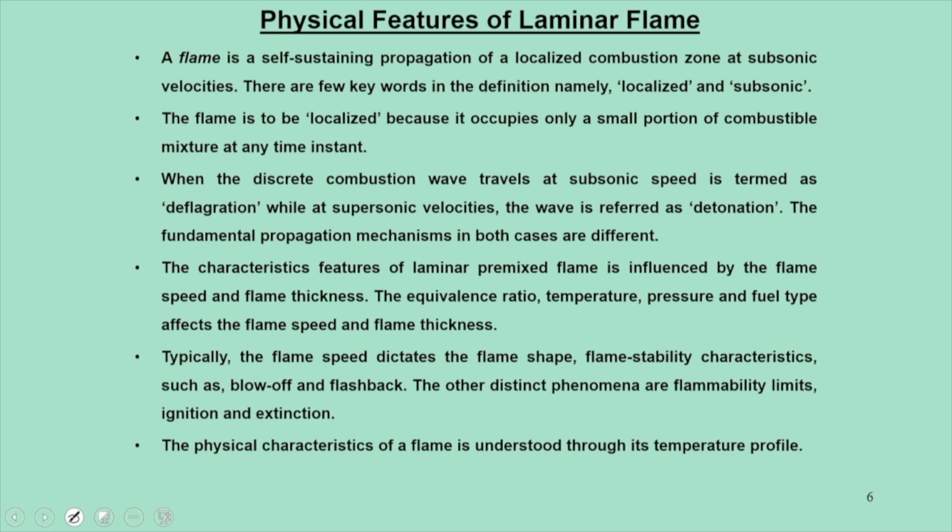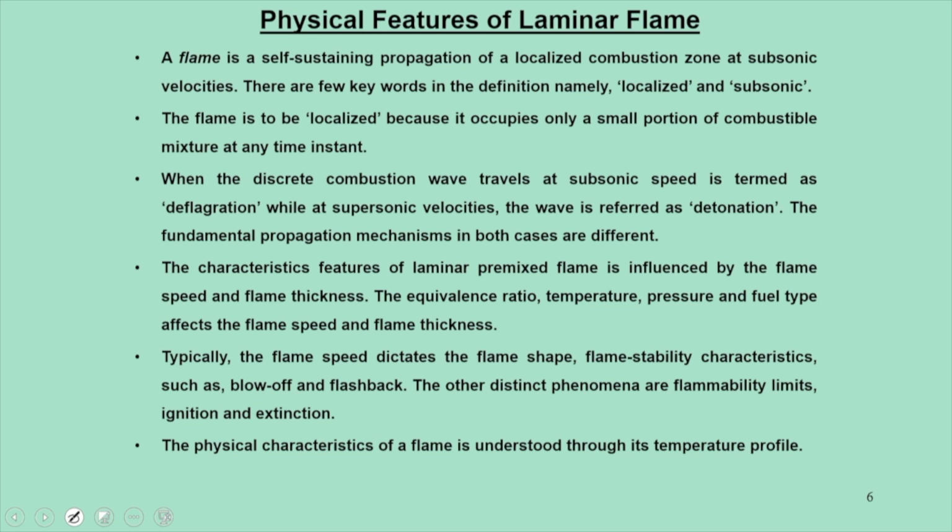The propagation of charge and flame velocity should be the same. That is the first criterion. Second, when the flame moves, it moves with a certain speed. It is followed by the charge which is moving behind it.